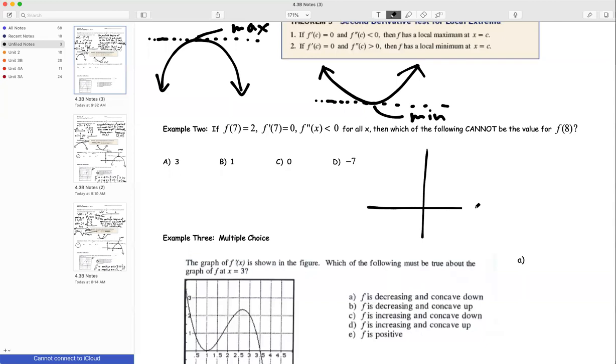So let's make a little sketch. If x is 7, then y is equal to 2. 1, 2, 3, 4, 5, 6, 7. So I've got a point right there. This says that I have a horizontal tangent at 7.